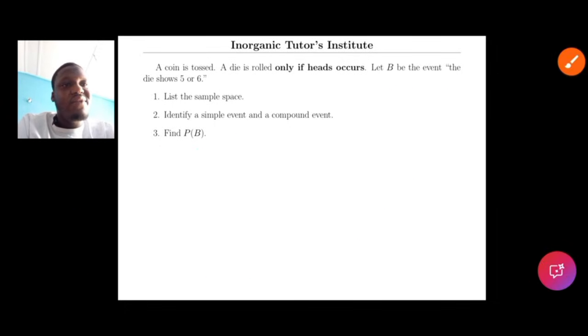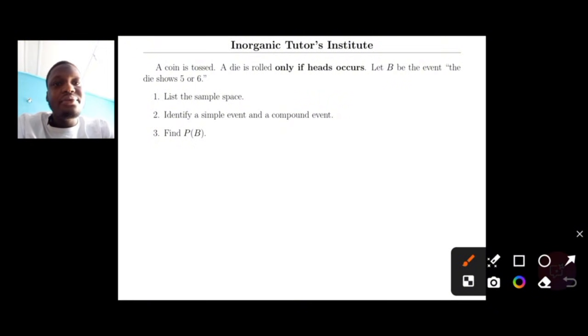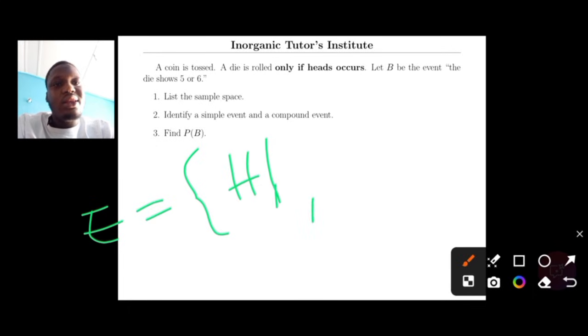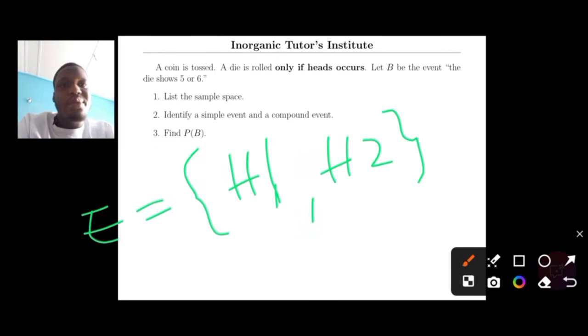So for the compound event, you just pick any two of them, H1 and H2. So you can say the event of tossing a head and rolling a 1, or tossing a head and rolling a 2.